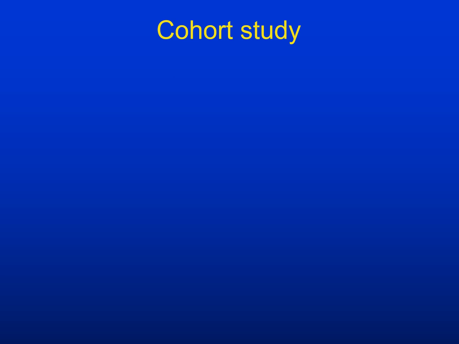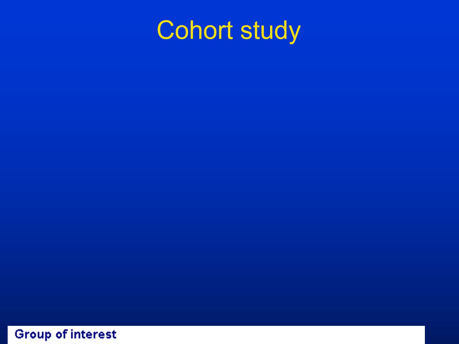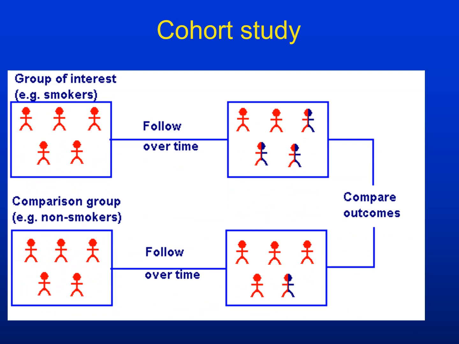They are followed up for a certain period of time until the occurrence of cases. The development of cases means that we can measure the incidence because they are new cases. So I'm going to compare the incidence of the disease among those who are exposed with the incidence among those who were not exposed.